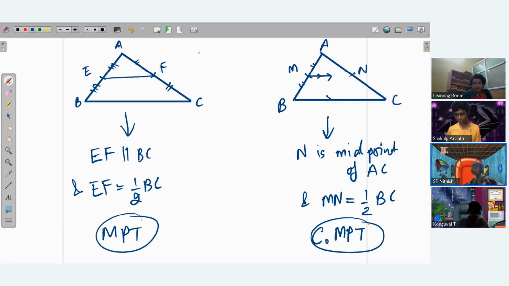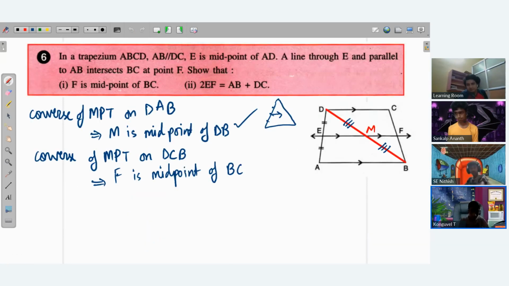They won't give impossible questions. Either you have to find out which is the correct triangle to start with, or you have to add some construction, like the one we did in this one. So is that fine, that M is the midpoint of BC? Yes, sir. Okay, very good.